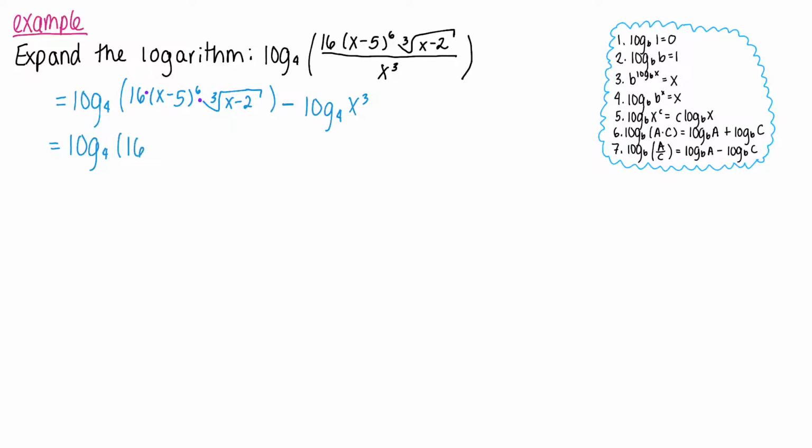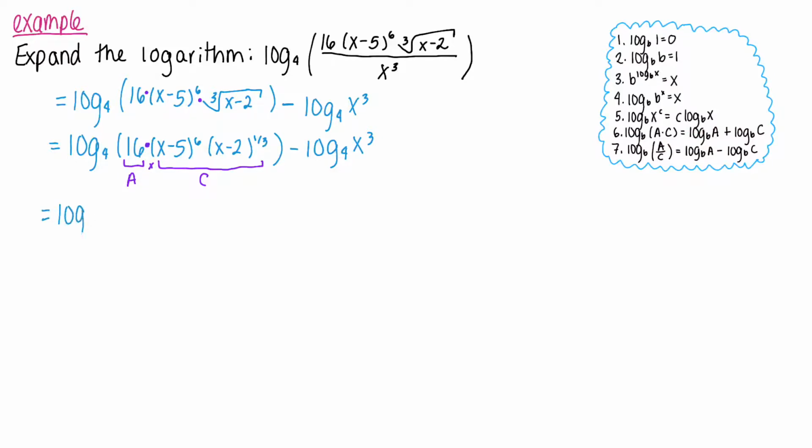So let's do that first. So we have x minus 5 to the 6th, and then x minus 2 raised to the 1/3 power. So 1/3 is the same thing as the cubed root, minus log base 4 of x cubed. So let's start with taking the 16, and we're saying that 16 is being multiplied by all of this stuff. So this is our A and this is our C. So we're going to separate it using rule number 6.